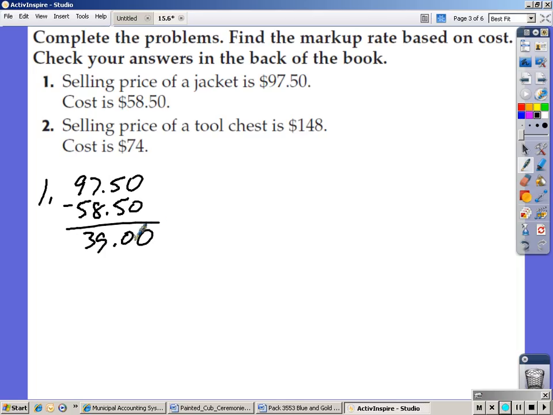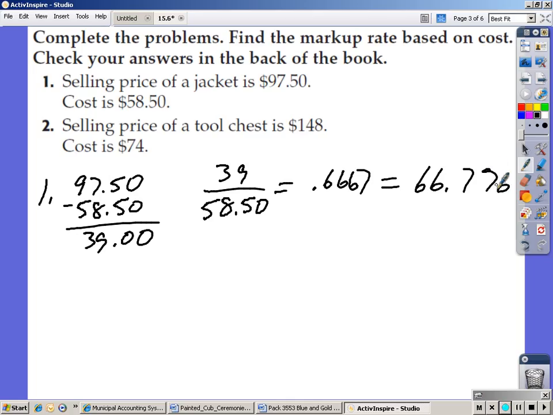Now take 39 divided by 58.50, your cost, and you should get 0.667. Okay, that's actually 0.6667, so that's going to round to 66.7%, and that's your markup rate.